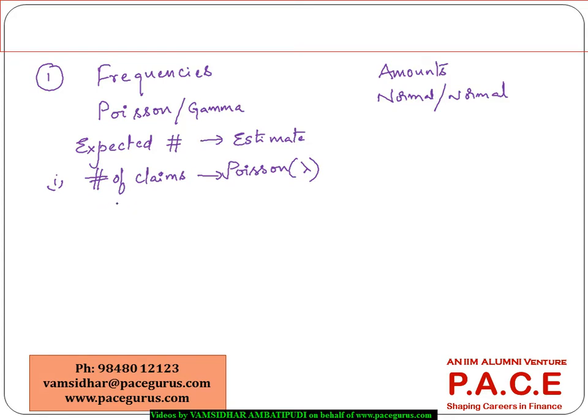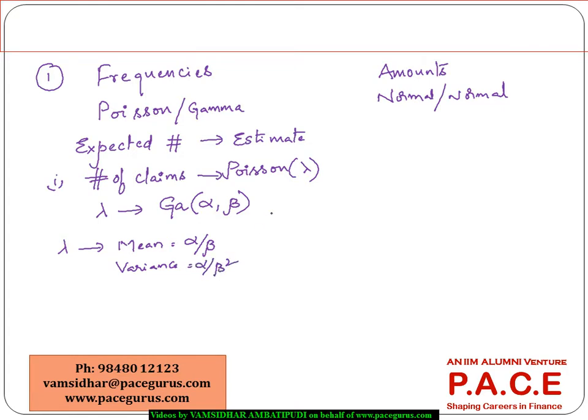The parameter lambda is not known, but it has some kind of distribution. So there is a prior distribution for this lambda. The prior distribution of lambda is a gamma distribution with parameters alpha and beta. So for this lambda, I know that the mean is alpha by beta and the variance is alpha by beta square.